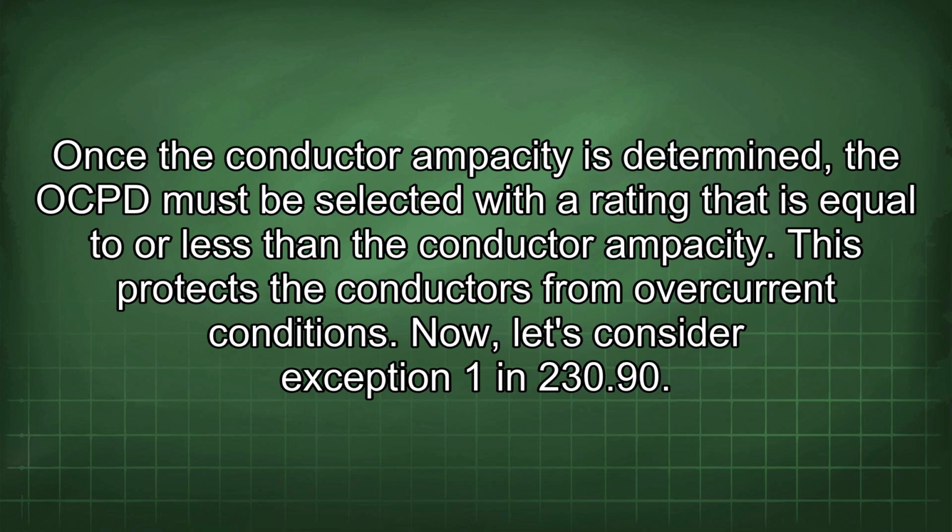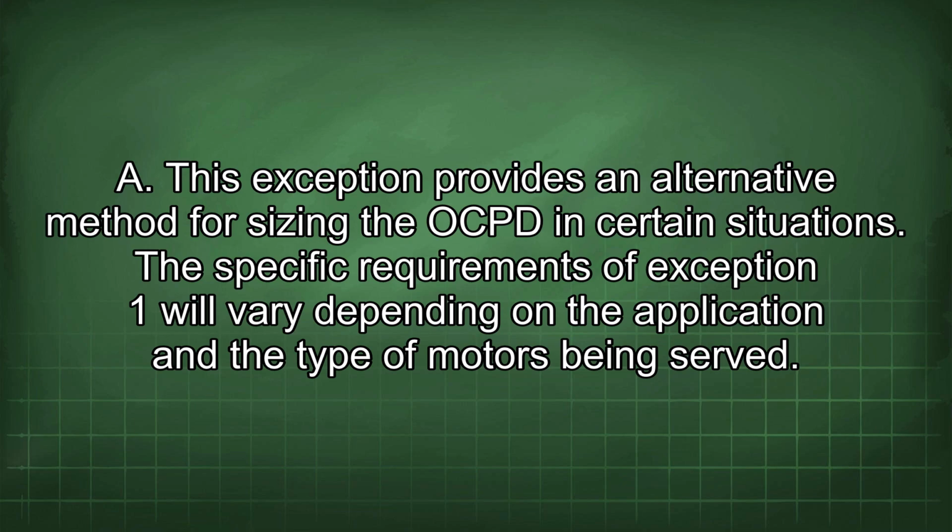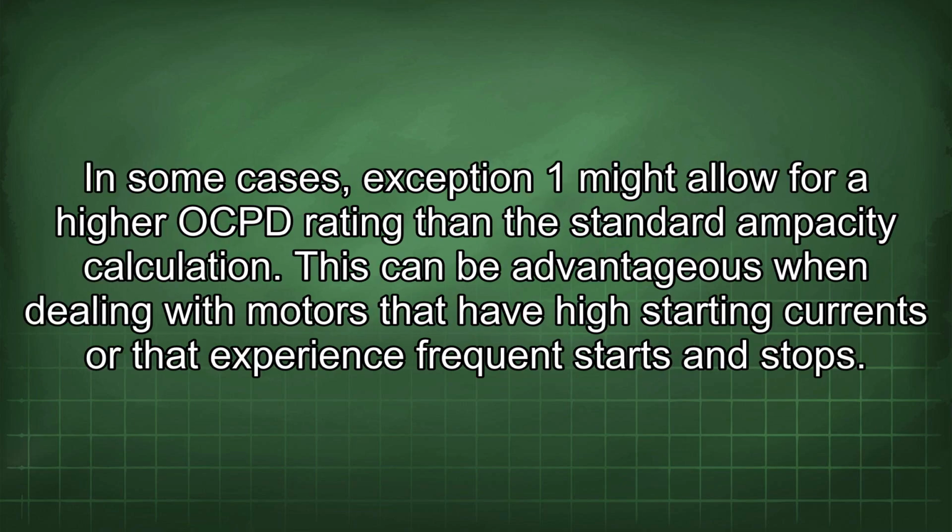Now let's consider exception 1 in 230.90(A). This exception provides an alternative method for sizing the OCPD in certain situations. The specific requirements of exception 1 will vary depending on the application and the type of motors being served. In some cases, exception 1 might allow for a higher OCPD rating than the standard ampacity calculation.